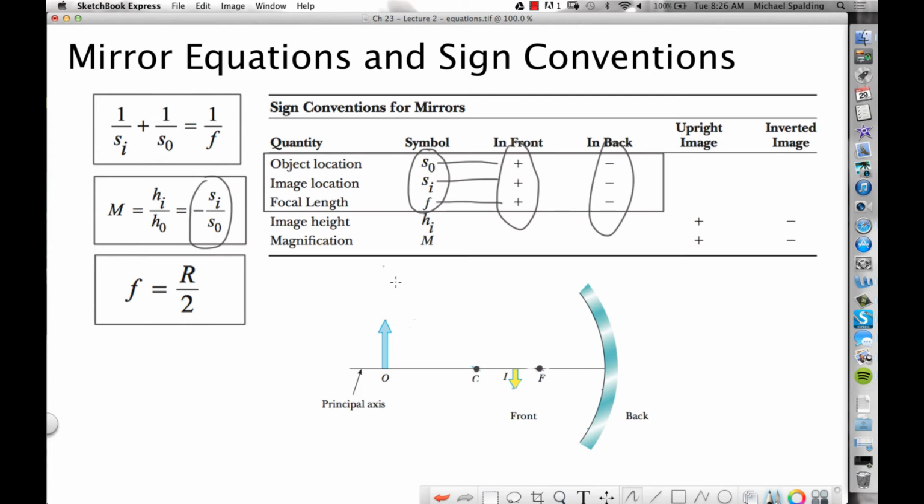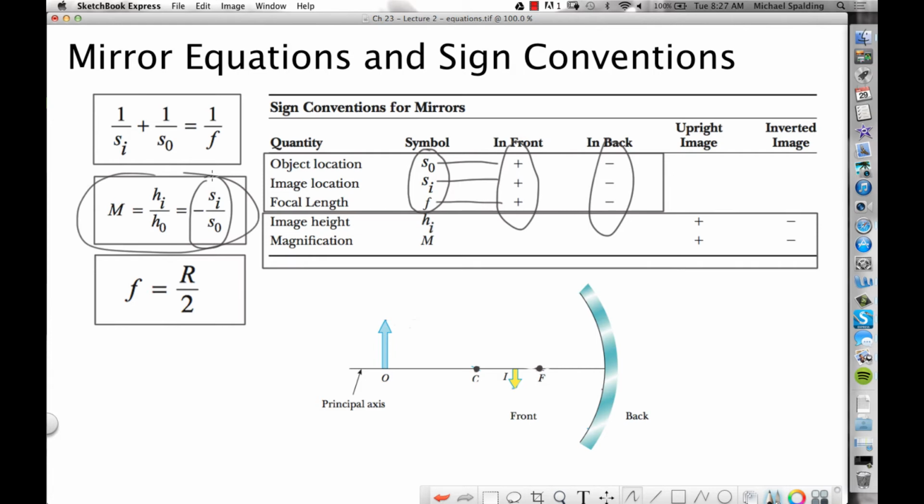Now, magnification has its own sign convention, as does image height. If you're working with this equation and m comes out positive, what is that telling you about the image?